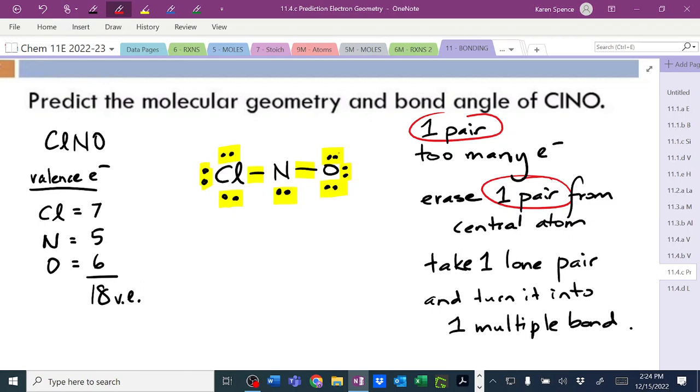How many bonds does oxygen like to form? Let's take it from oxygen, shall we? It's also going to work out much better in terms of the formal charge. Why does it like to form 2? Because it's got 2 holes in its outer shell.